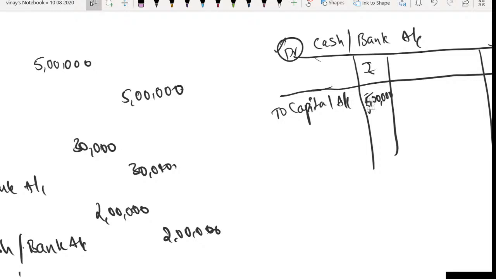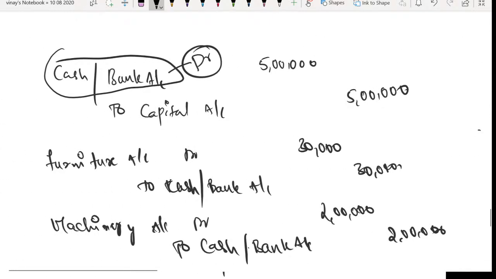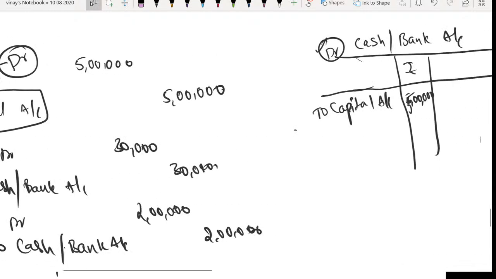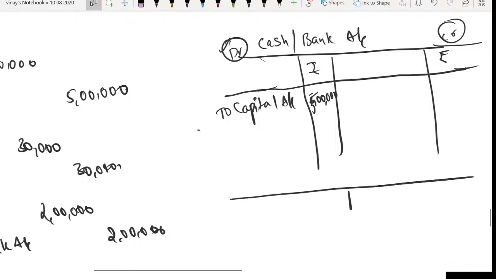Okay, then the next entry I had, next in the same entry, I had capital. Then what I will do, I will go back to here. I will open the capital ledger account, a credit side and the debit side.